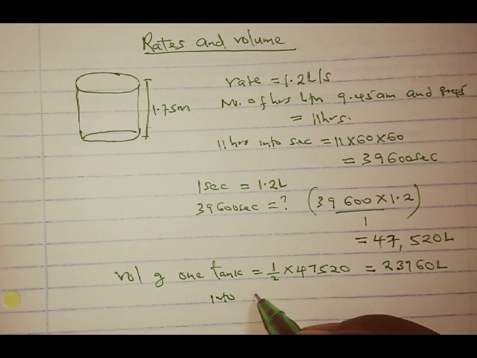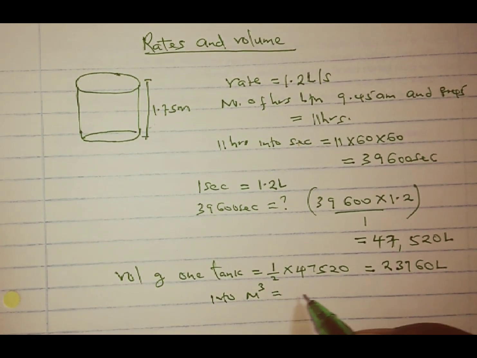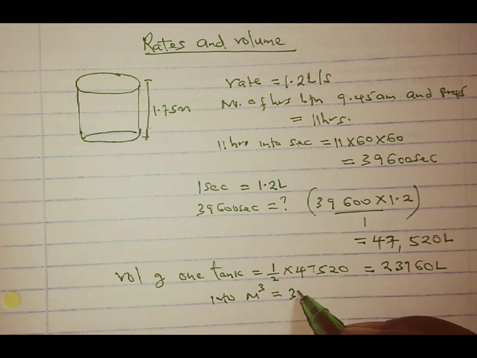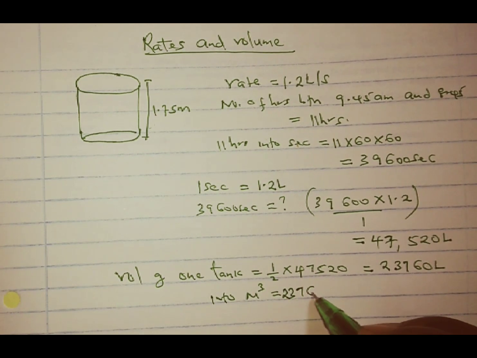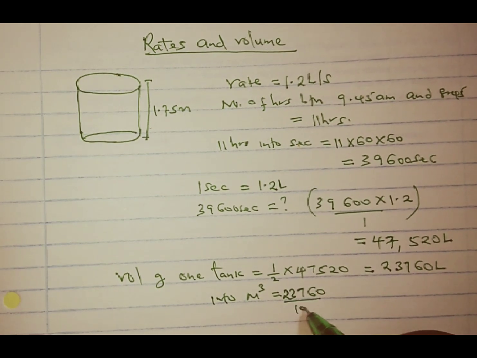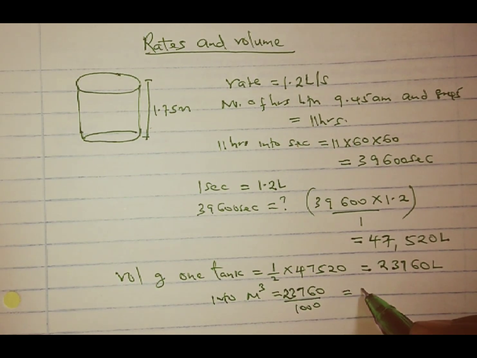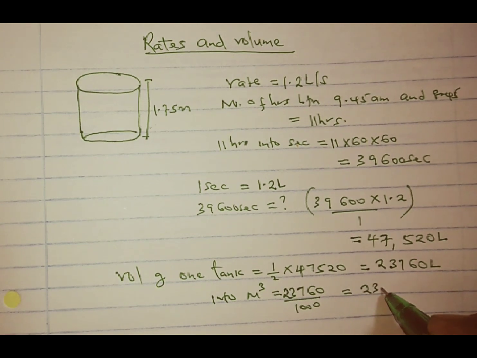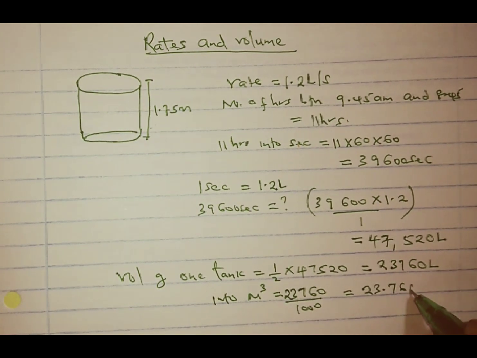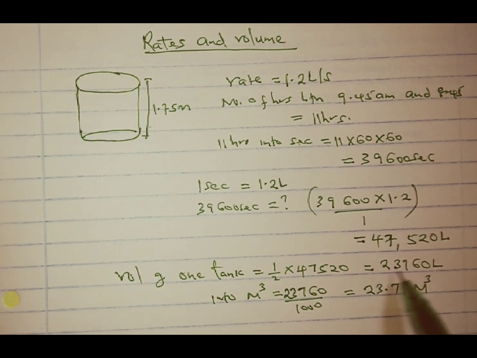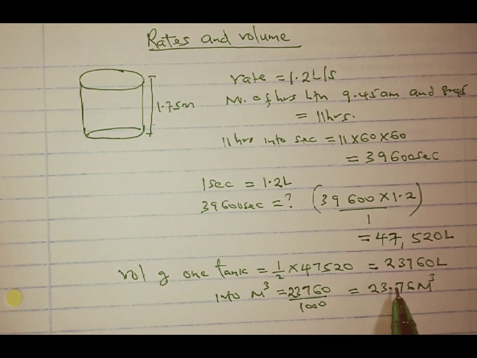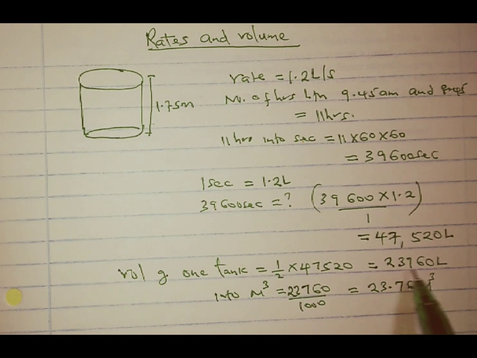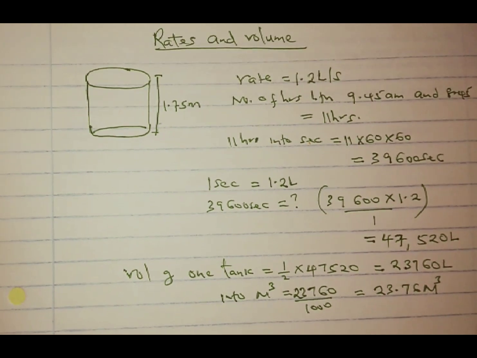So in cubic meters, we take 23,760 and divide by 1000, and this gives us 23.76 cubic meters. This is the volume of water in one tank, and this represents the volume of the tank.